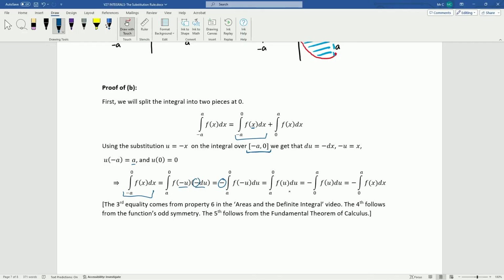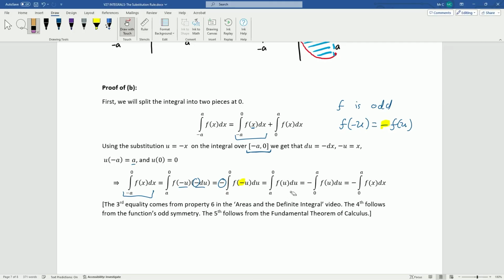And now here, I'm looking at the function f of negative u, but remember, we're assuming that f is odd. We're proving part b here. So f of negative u equals negative f of u. When I take this negative inside this function and pull it out in front of the function, it's going to cancel the negative that's already there.